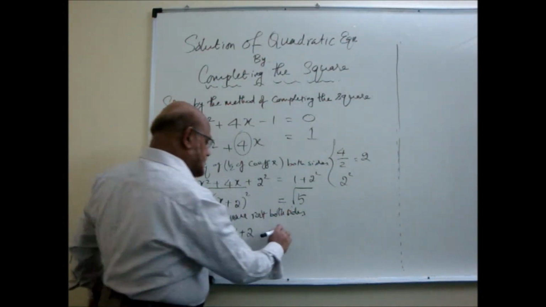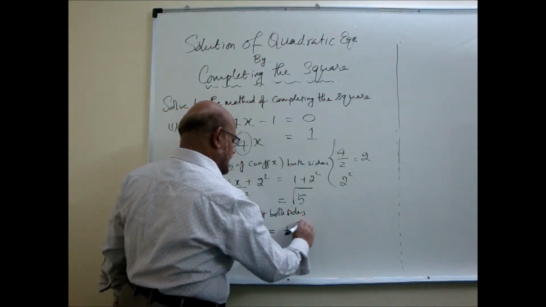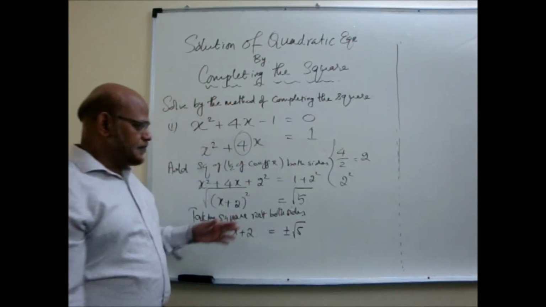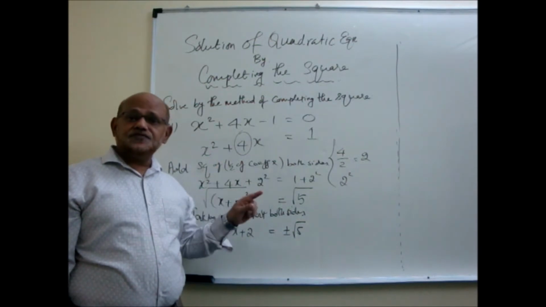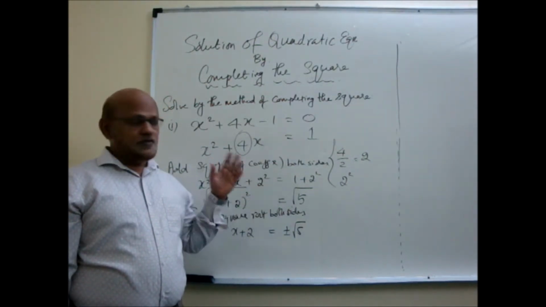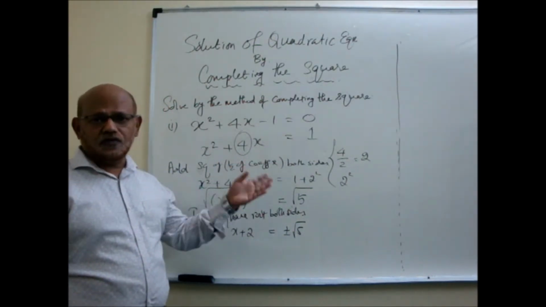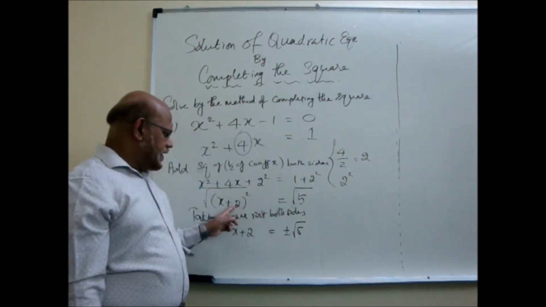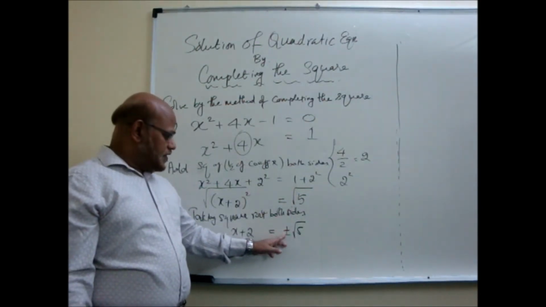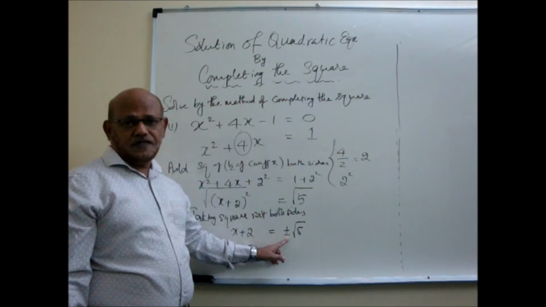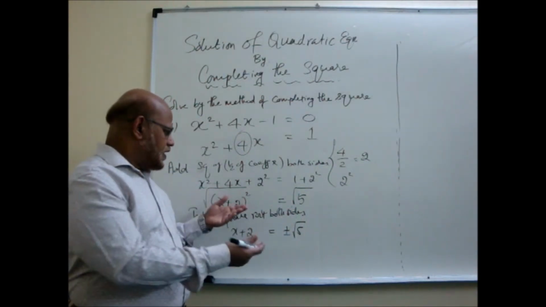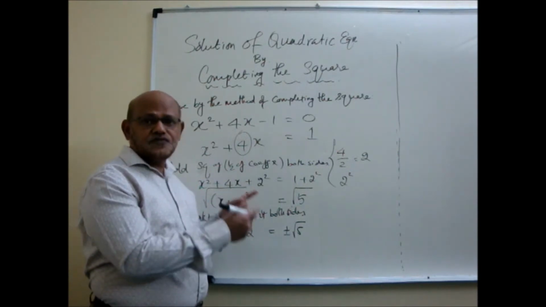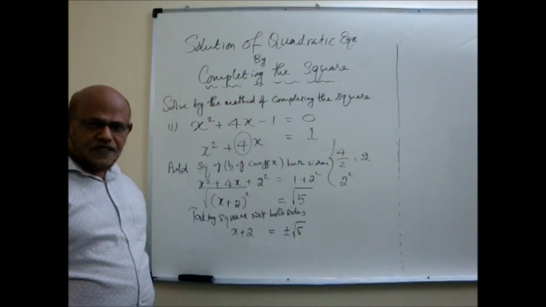You have to take plus or minus square root of 5. When I take the square root of 4, it may be plus 2 or minus 2, because 2 square is 4 and minus 2 the whole square is also 4. So whenever I take the square root of one side, I write plus or minus root of 5, because plus root 5 square is 5 and minus root 5 square is also 5.